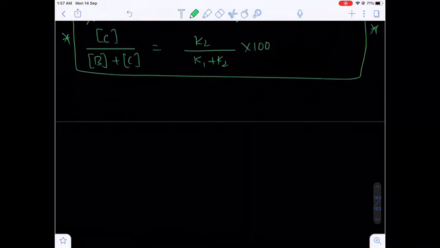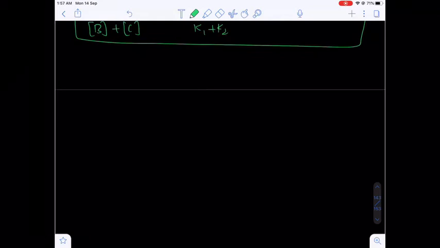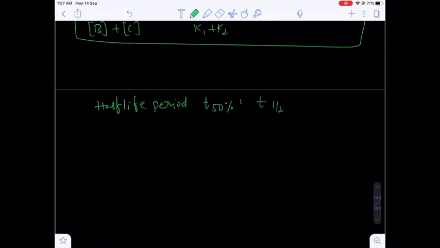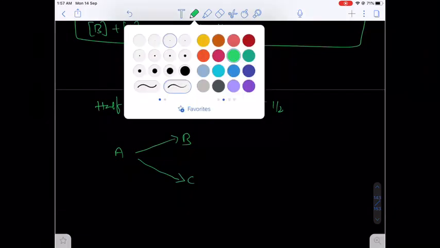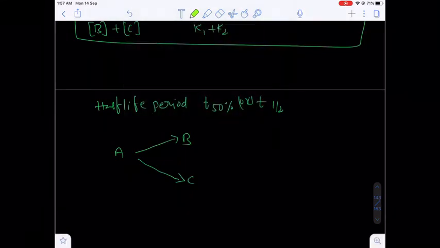Now here, what will be the half-life? What is the half-life period? That is T50, otherwise T1/2. Now here A gives B and also simultaneously gives C. In these two parallel paths, in the first path the rate constant is K1, in the second path the rate constant is K2.